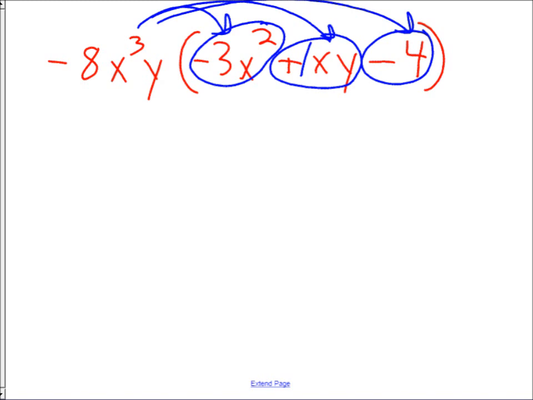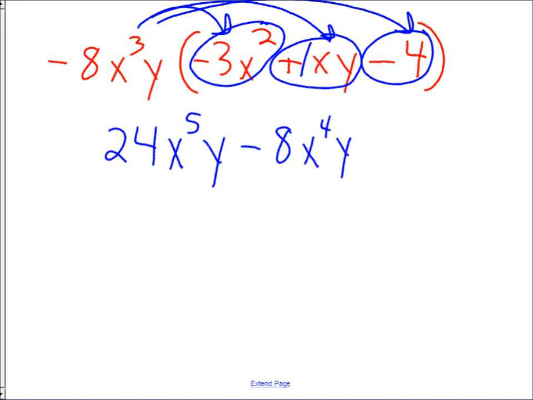Multiply the first one, we get 24x to the 5th y. I add the exponents for x, and I just rewrite the y because there's no y terms in the other -3x squared. Multiplying the second one, we get -8x to the 4th y squared. For the bases that are the same, we add the exponents. And finally, for the last one, we get +32x to the 3rd y.